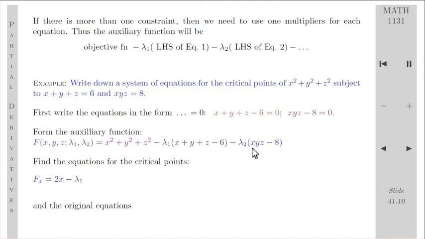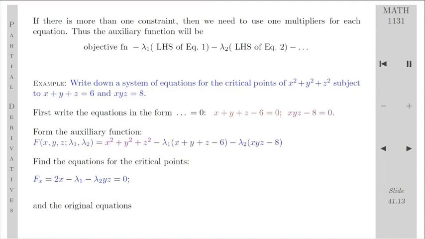Then I differentiate what's inside. I have x times y times z. It's like x times a constant factor, so the derivative with respect to x is 1 times a constant factor. So I get 1 times y times z minus 0, or just yz. So our first equation is that 2x minus lambda 1 minus lambda 2 yz equals 0.